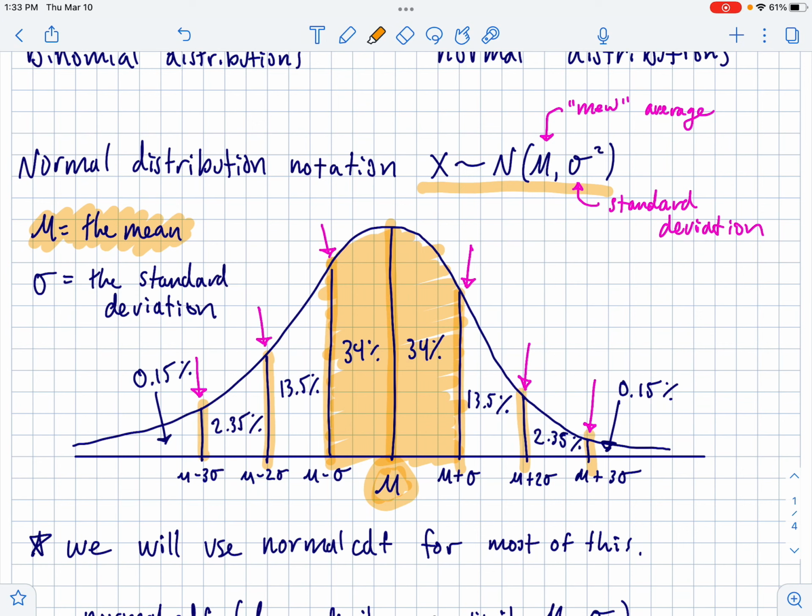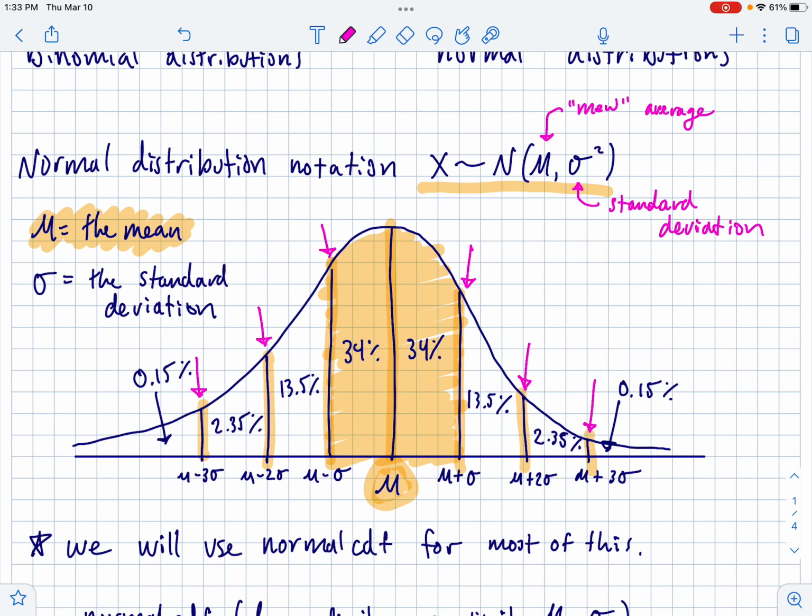You don't necessarily need to know these numbers like 34, 13.5, 2.35, and 0.15, because I'm going to show you guys how to find them using your graphing calculator. I just thought you guys should see the visual of what's actually happening.